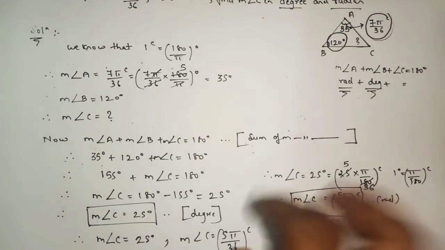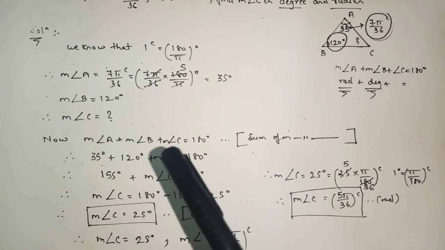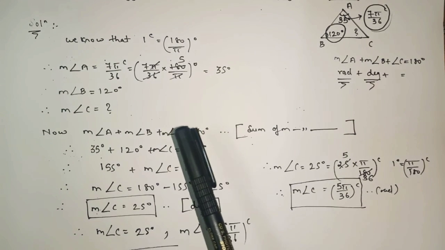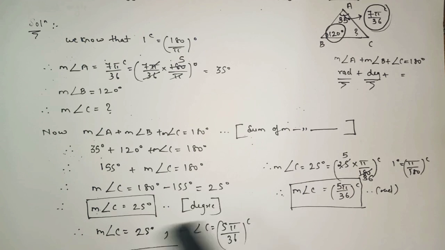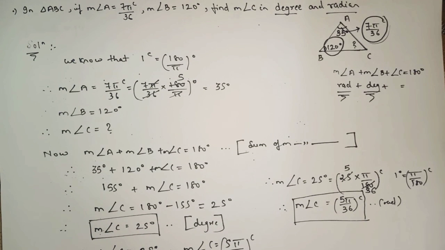Keeping the answer in terms of degree will be easy, and you can find your answer easily in both systems. I hope you understood all the concepts which we did today.